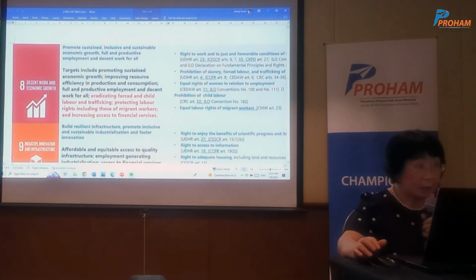And SDG 8, decent work and economic growth, to improve resource efficiency in production and consumption, full and productive employment and decent work for all, and eradicate forced and child labor and trafficking, protect labor rights, including those of migrant workers, and increase access to financial services.